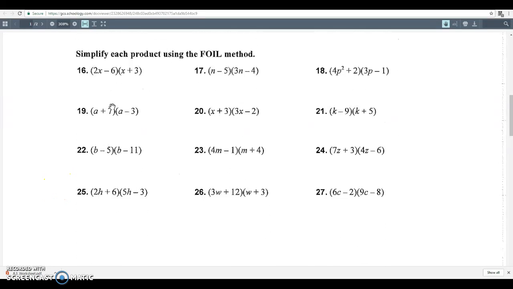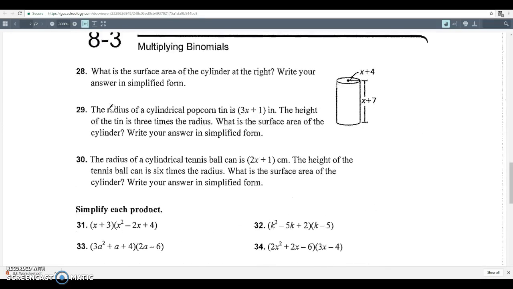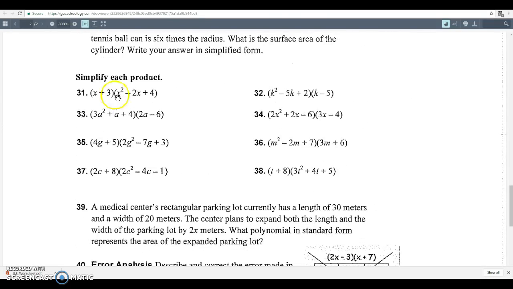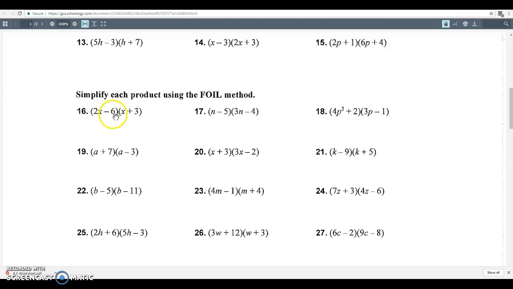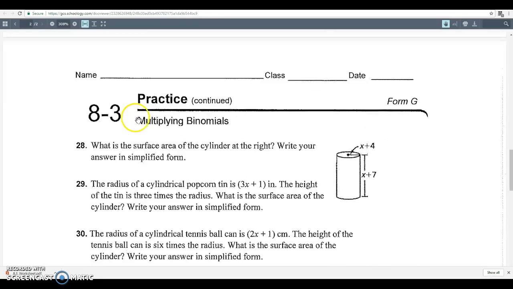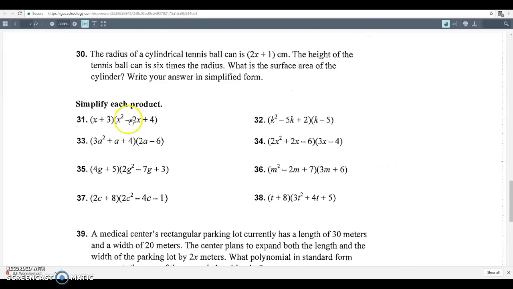Okay, so then they give you these problems, simplify each product. In this case, before we were doing binomials, where a binomial has two terms, so 2 terms here and 2 terms here. But on these, this is a binomial, but this is a trinomial.